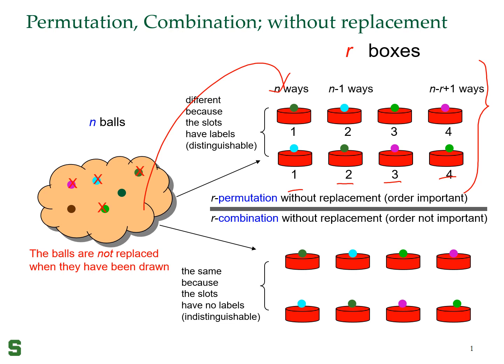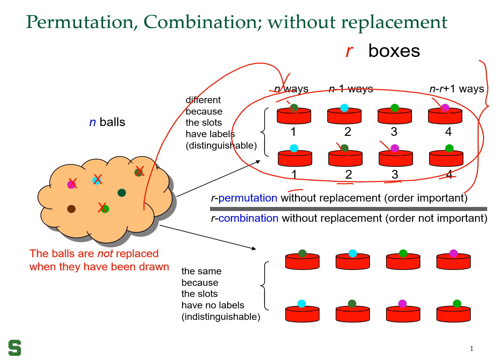In this case, we have the same set of balls put in different order. In this example, this ball, instead of being in 1, is in 2. This, instead of being in 4, is in 3, etc. But it's the same set of colored balls that we have.